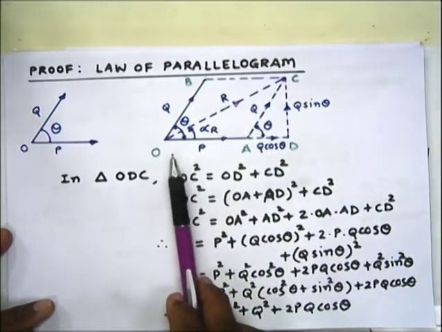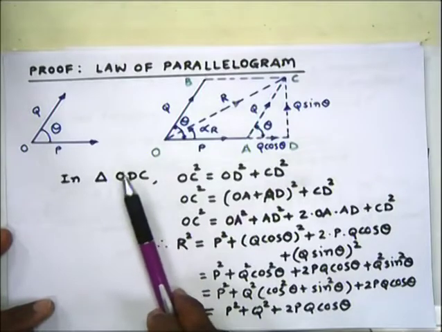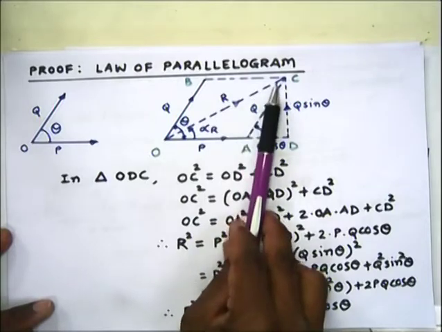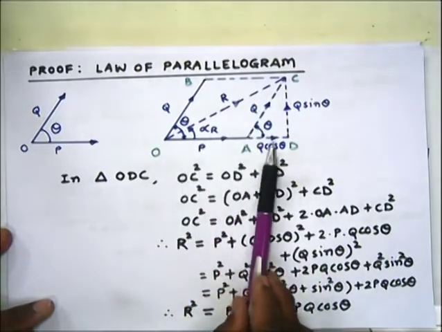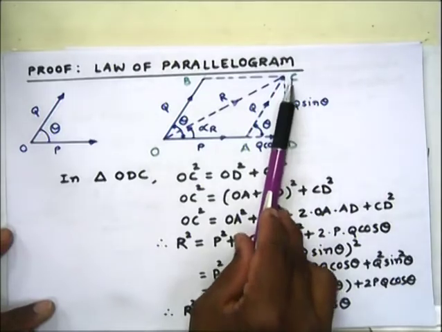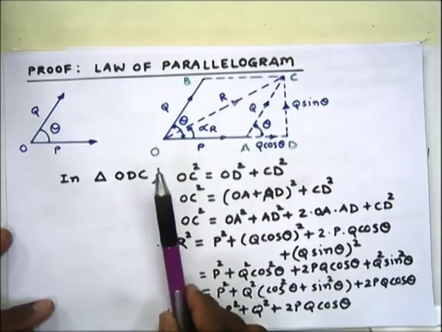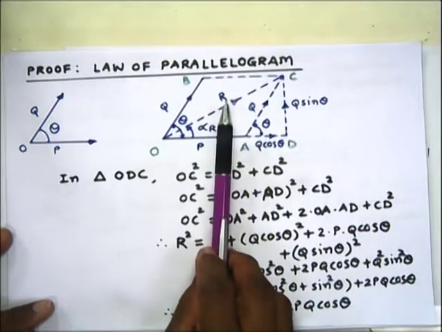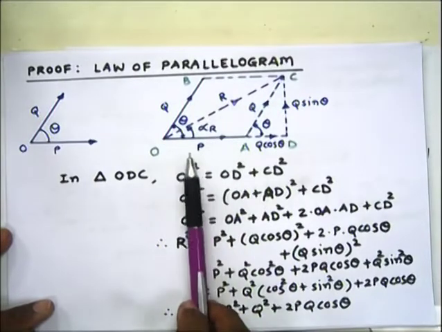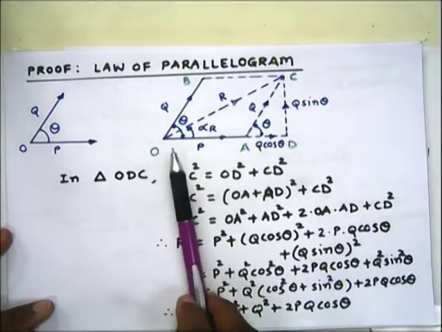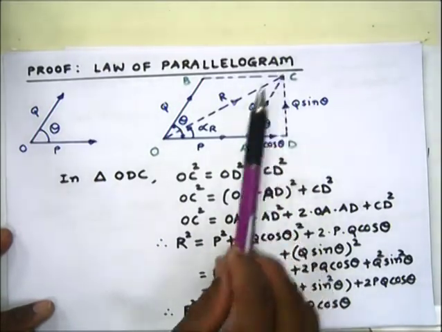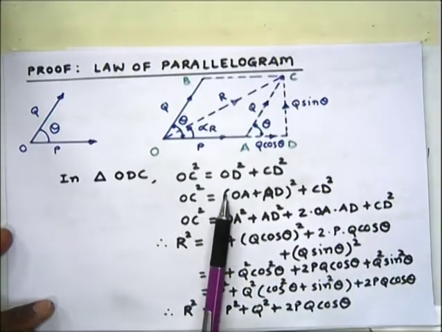Now in the triangle ODC, in this bigger triangle, as per Pythagoras law, OC square, this being the hypotenuse, is equal to the square of this plus the square of this, that is, OC square is OD square plus CD square.